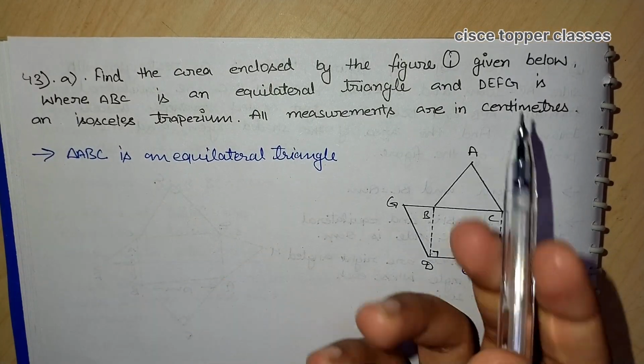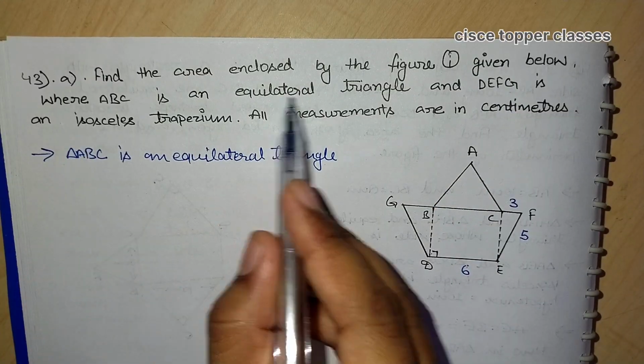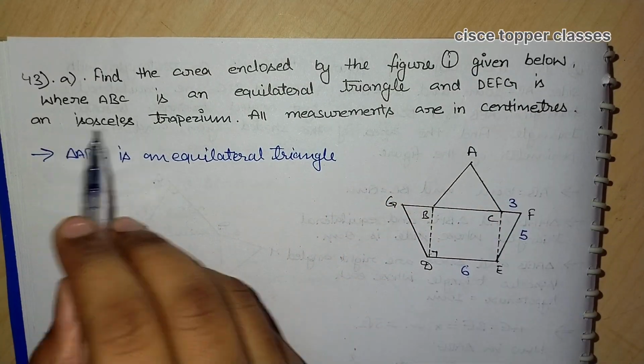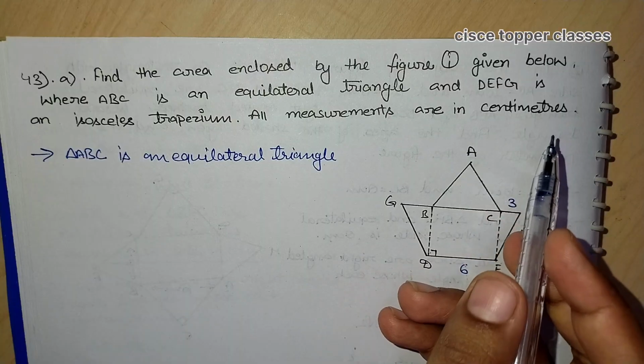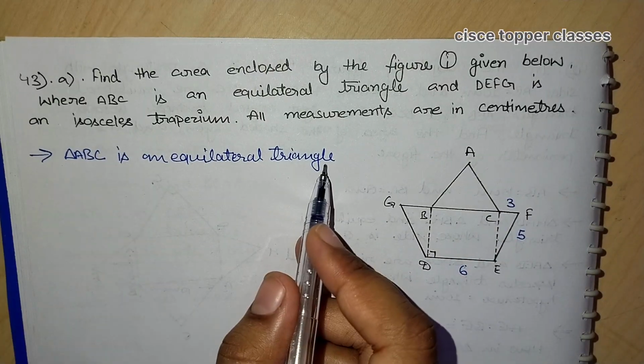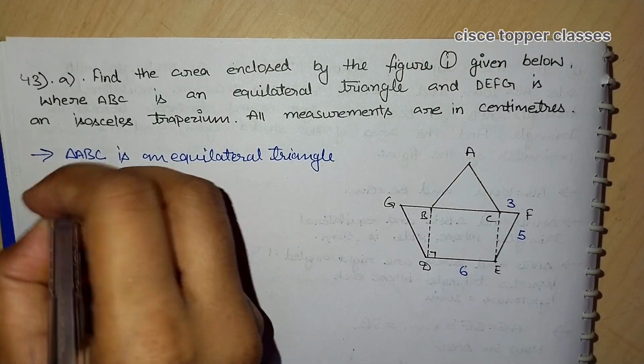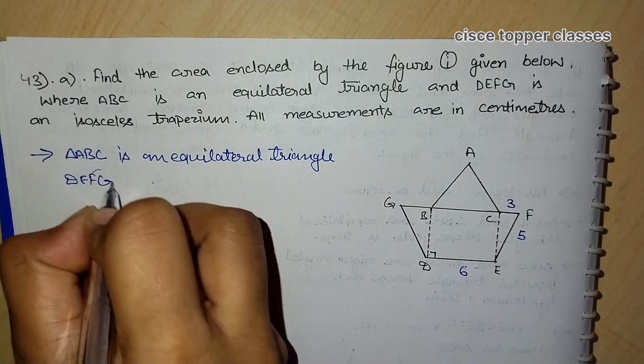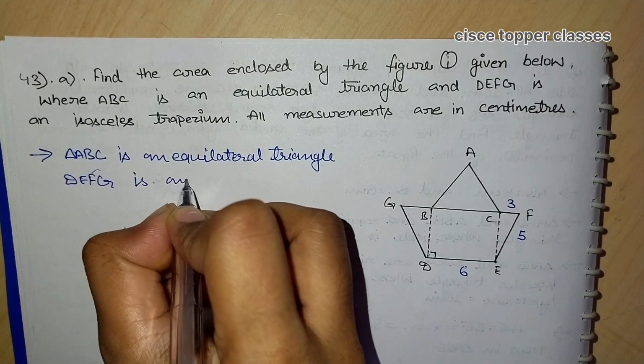Find the area enclosed by the first figure given below, where ABC is an equilateral triangle and DEFG is an isosceles trapezium. All measurements are in centimeter. Here ABC is an equilateral triangle and DEFG given here is an isosceles trapezium.